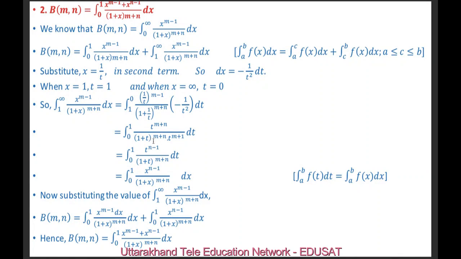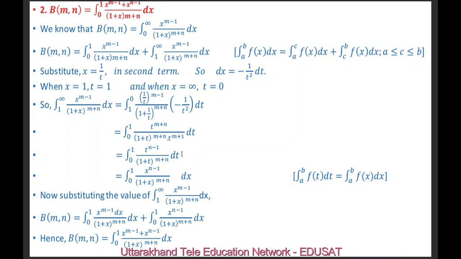So it is t raised to n minus 1, over (1 plus t) raised to m plus n. Here the limit was 1 to 0 with a minus sign, so it is 0 to 1 and the minus sign is gone. So the integral from 0 to 1 of t raised to n minus 1, over (1 plus t) raised to m plus n dt.